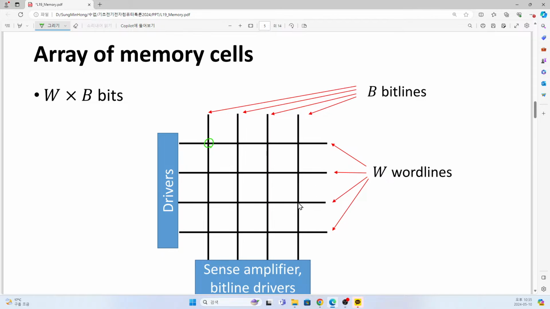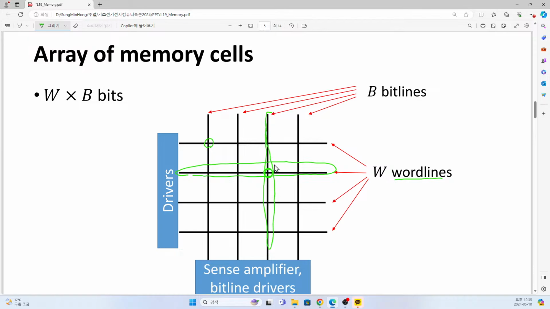So it can be done in this way shown here. We just make an array, and if we wanted to, for example, select the component shown here, then we just select this horizontal line, typically called the word line, and this vertically aligned line, the bit line.